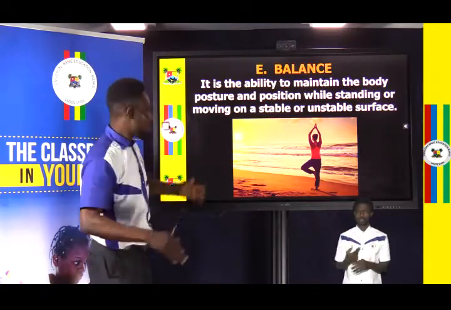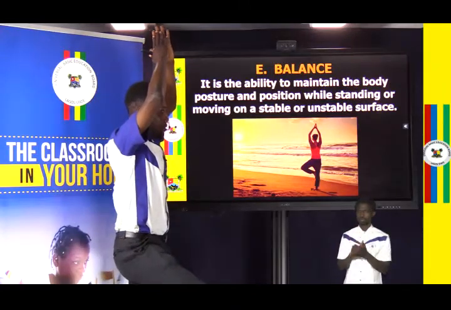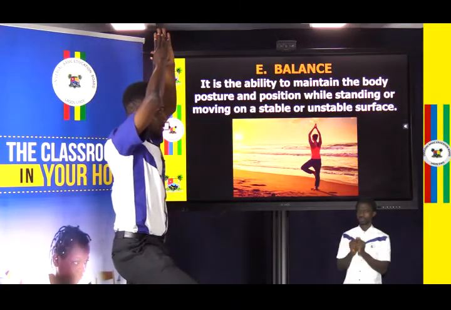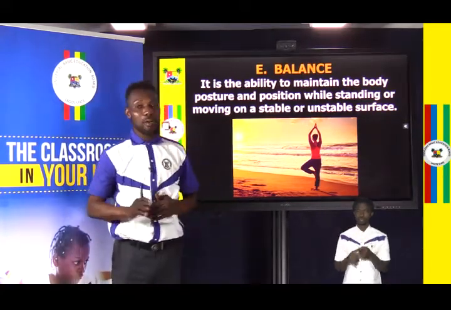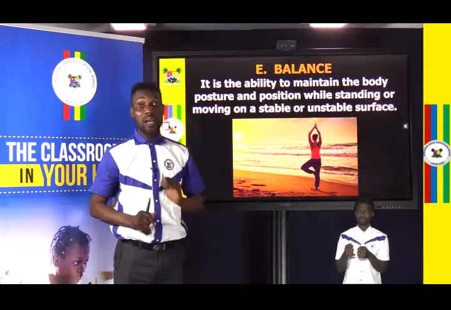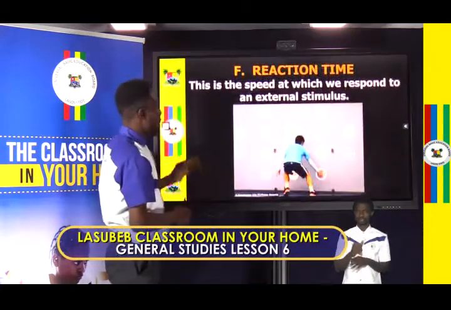Let's even try that. Let's see how many of us will be able to do that without shaking. Good. That is balance, the ability to maintain body posture and position while standing on a stable or unstable surface.